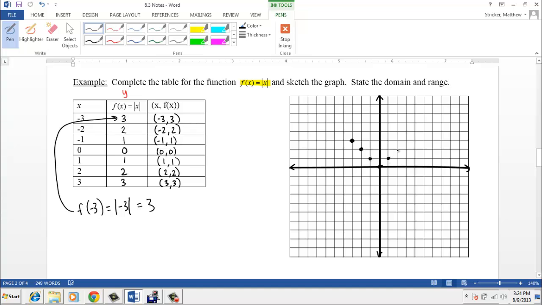We see a shape that looks kind of like a V. Let's go ahead and label our points because we should always label points. -1, 1 over here.